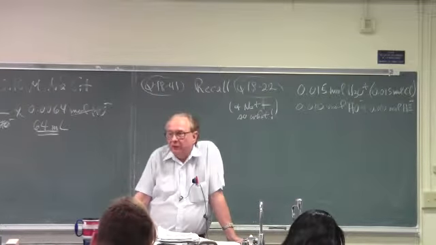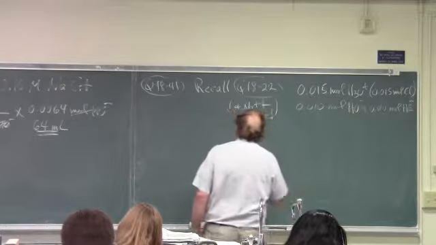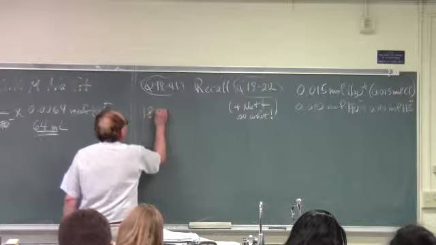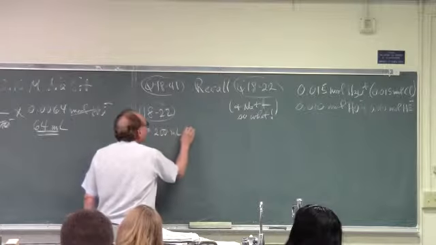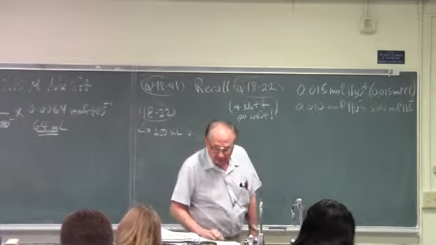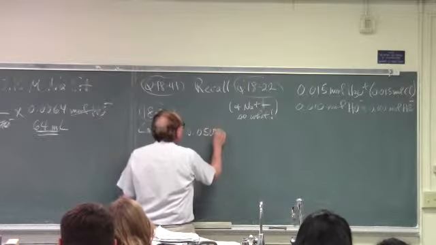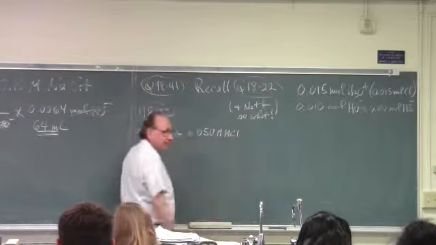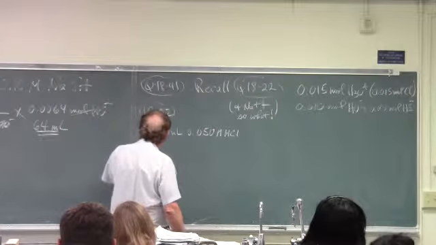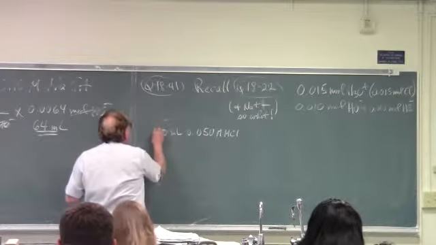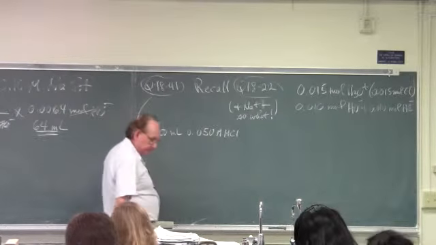In 1822, we used 200 milliliters, but for 1841, 300 milliliters. Okay?